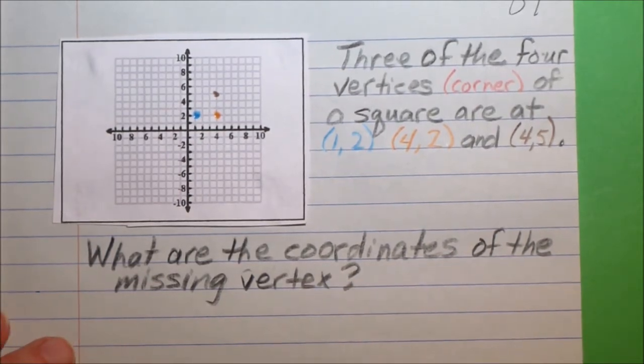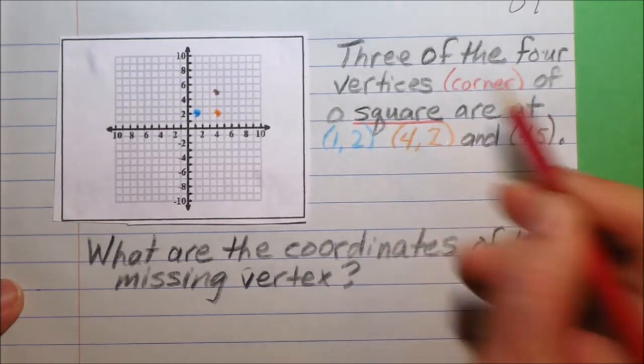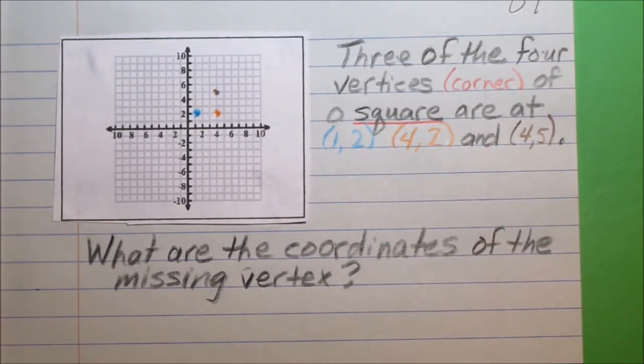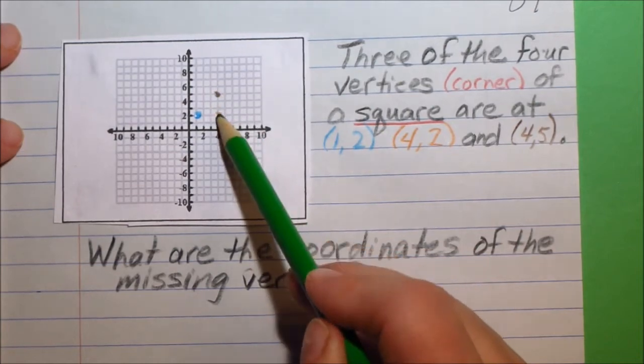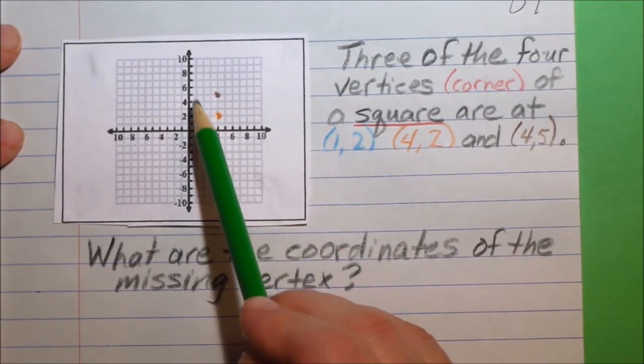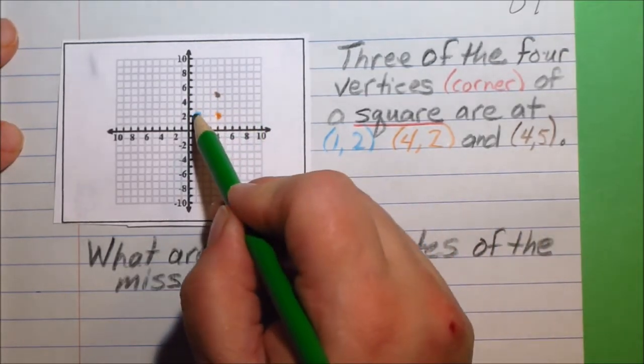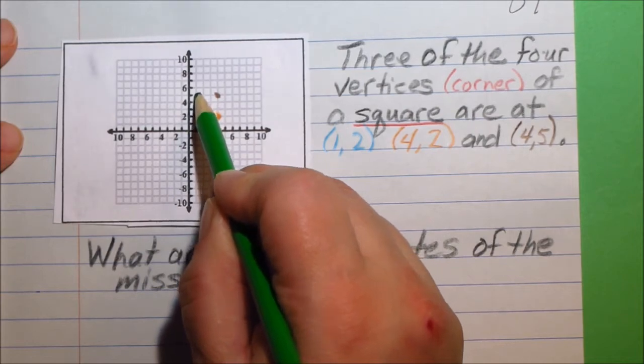We know that a square, in fact, I'm going to underline that, we're talking about a square, must have 90-degree angles and all equal sides. So in order for my points to draw a square, I have to be an equal distance from here to here and from here to here. So I know it would be 1, 2, 3.